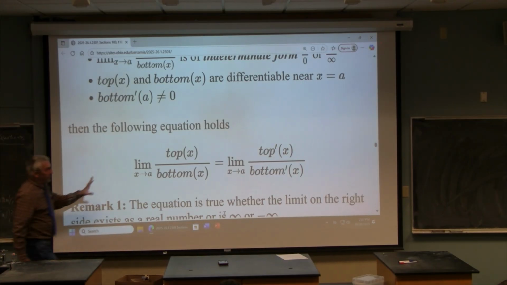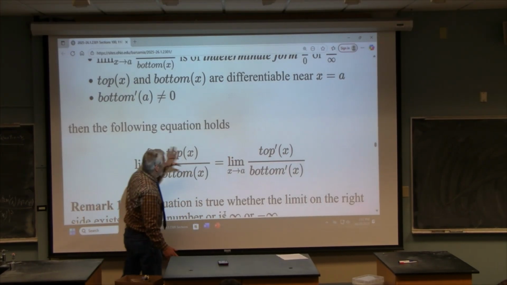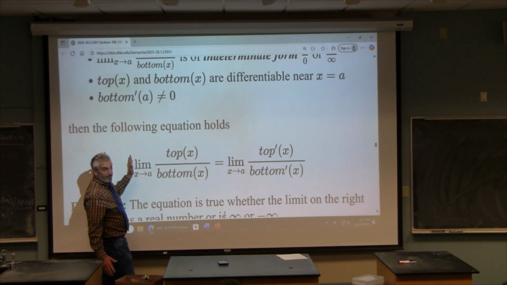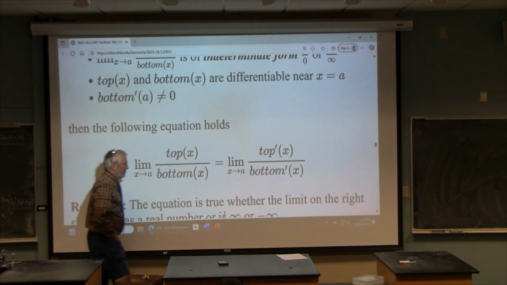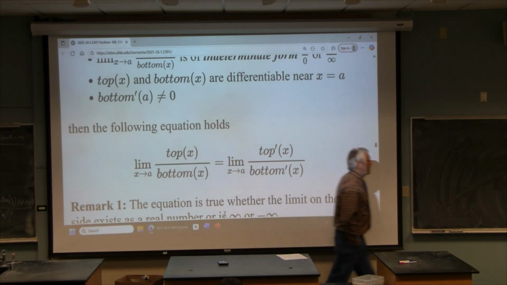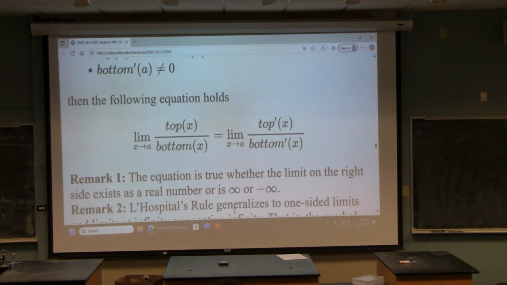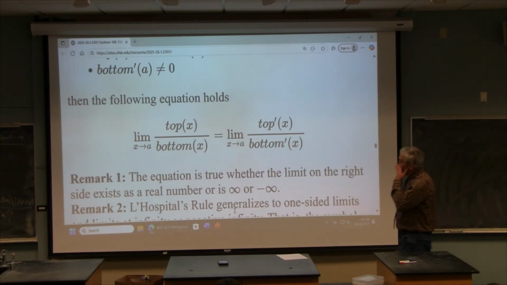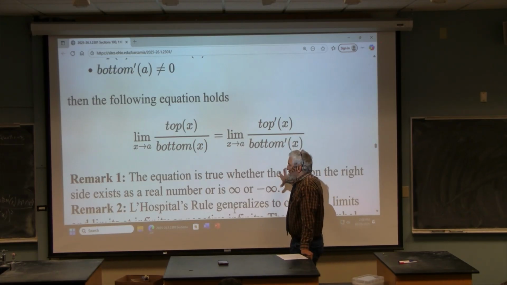So when you do one of these problems, you're going to be computing something like this. The left side, the way this all begins, is you've been tasked with the job of finding some limit. All right, now this equation is true whether the limit on the right exists as a real number or as infinity or negative infinity. That's one thing.